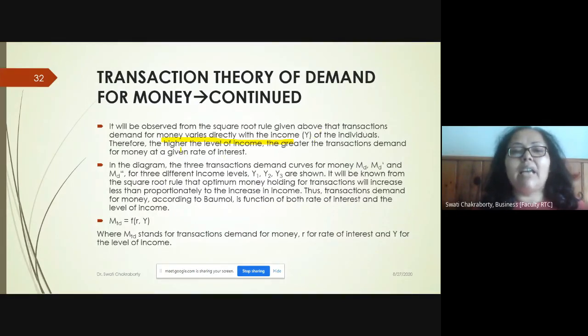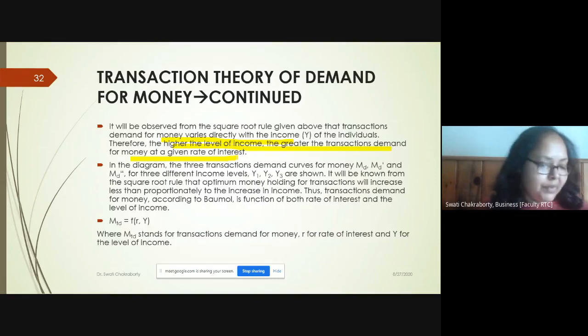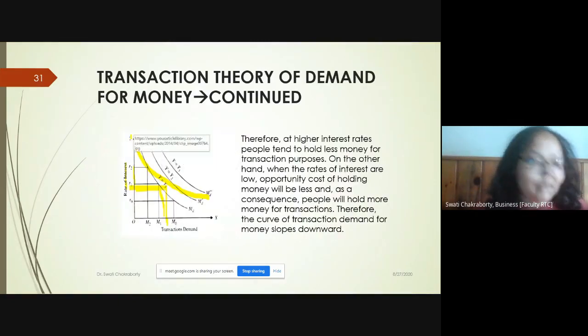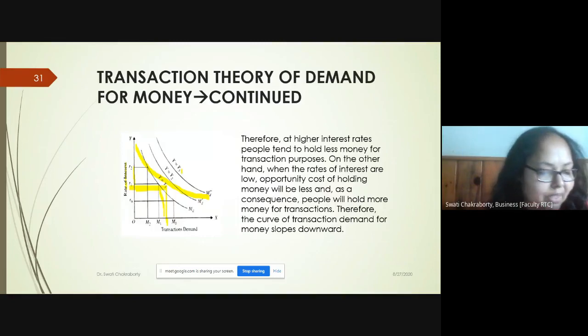And the higher the level of income, the greater is the transactions demand for money for a given rate of interest that we have, right? So in the diagram that we have, there are three transactions demand for money curves: y1, y2, y3, right?